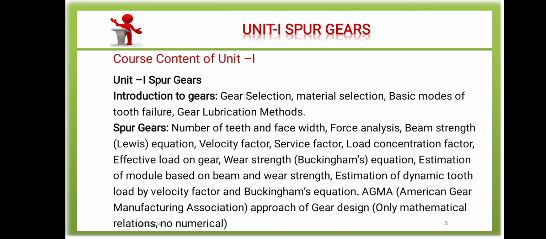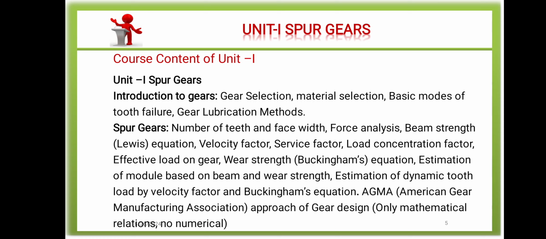So as far as this topic is concerned, there are different points which we'll be discussing in detail later on. So starting from the introduction to gears. In introduction to gears, we will be discussing theory contents like gear selection, for which kind of application which gear is suitable, that we must be able to coordinate.